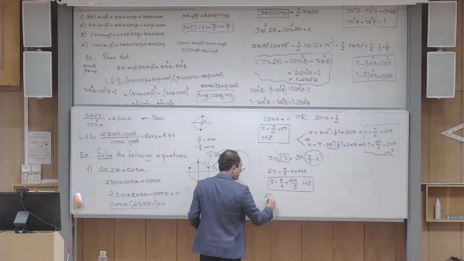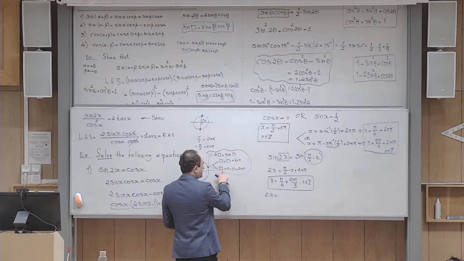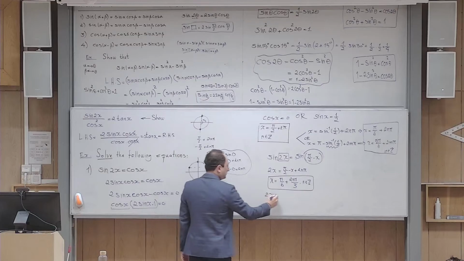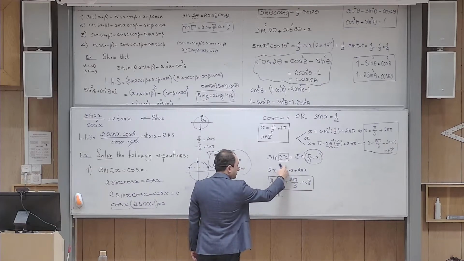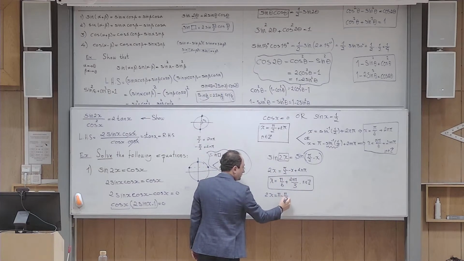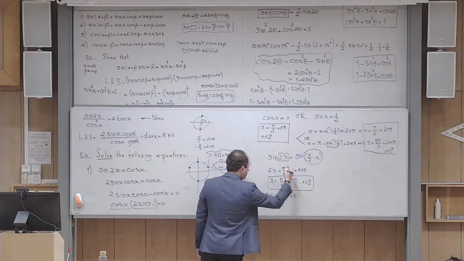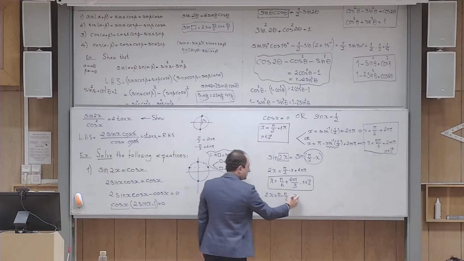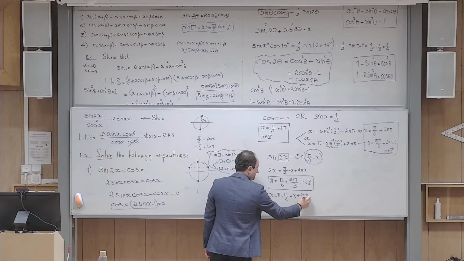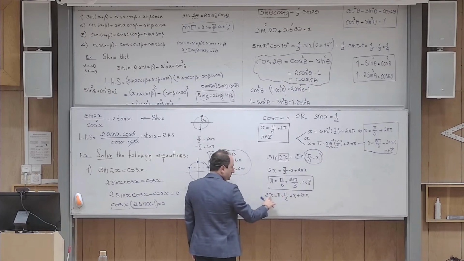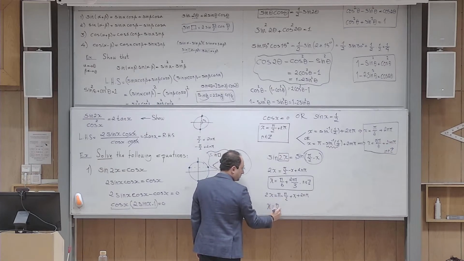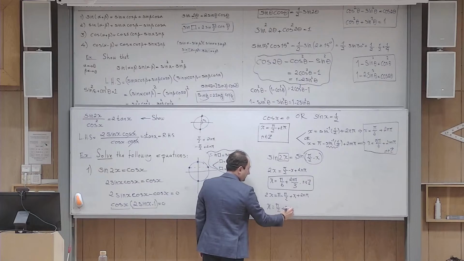It's 2x, which is this box, equal to pi minus the circle, which becomes minus pi over 2, but minus the whole circle, it becomes positive x, and then I add 2m pi to it. So I move x to the other side, it becomes x equals pi minus pi over 2, which is pi over 2, plus 2m pi.